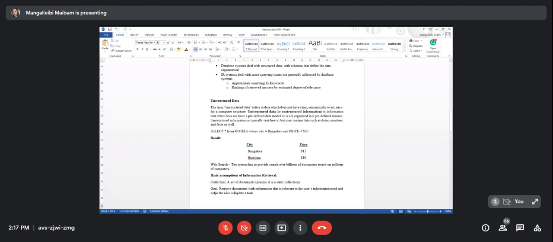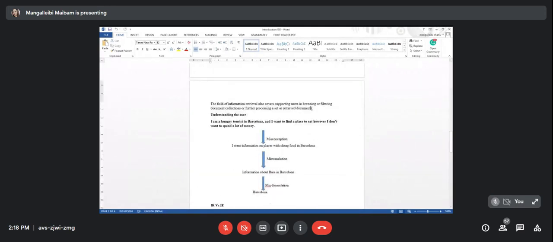This is very important. What is the goal of information retrieval? This can be asked in your exam. You can say we are going to retrieve the documents with information that is relevant to the user's information need, and it also helps the user to complete a task.